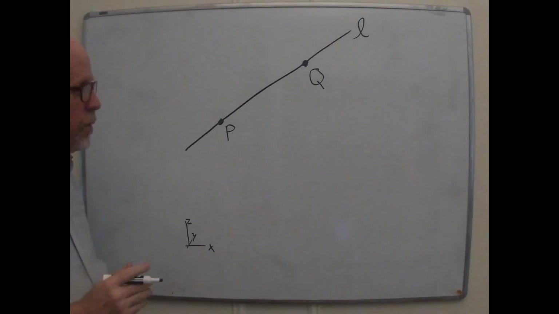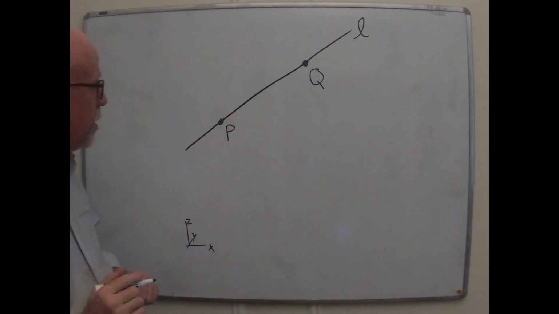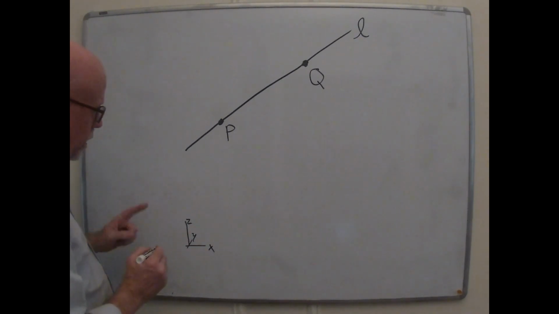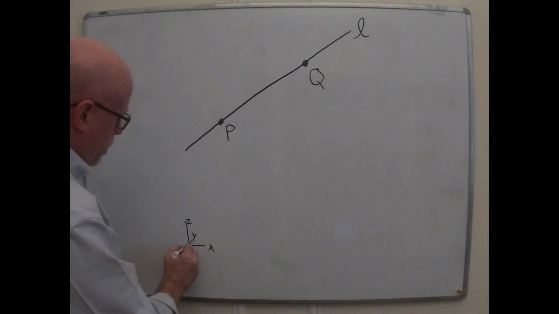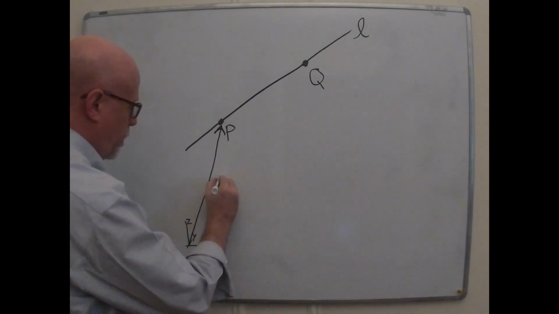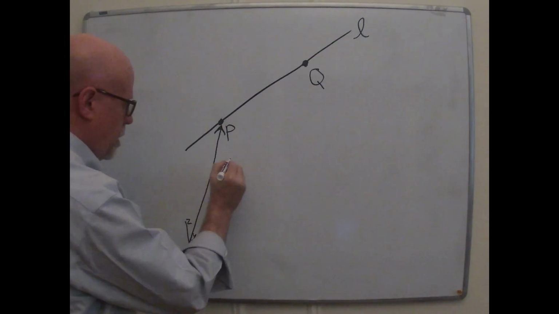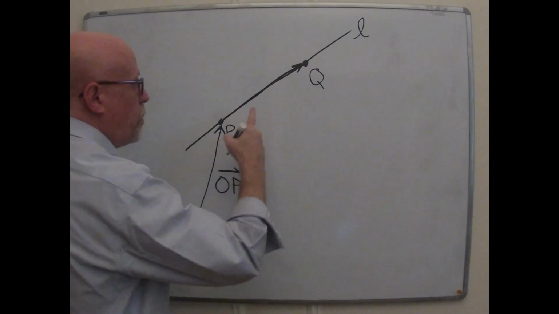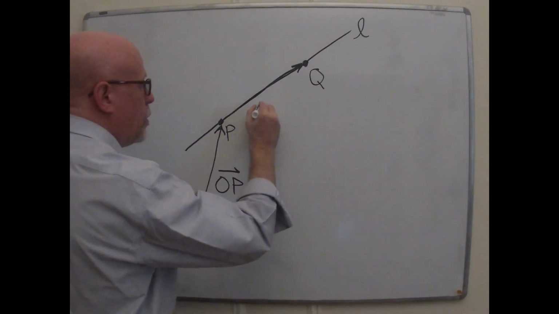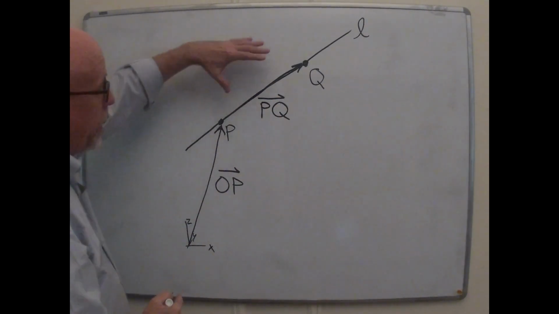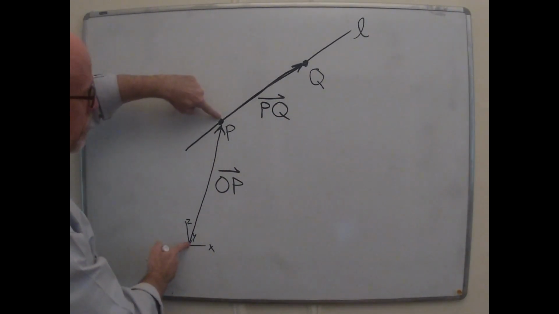Well, I want to give you the vector version of thinking about this equation, because that's really the most succinct, and it's kind of the point of having vectors. To get to a point on the line, you take the vector that goes from the origin out to P, so that's vector OP, and add to it some multiple of the vector that goes from P to Q. If I added 0 times PQ, I would just have this position vector.